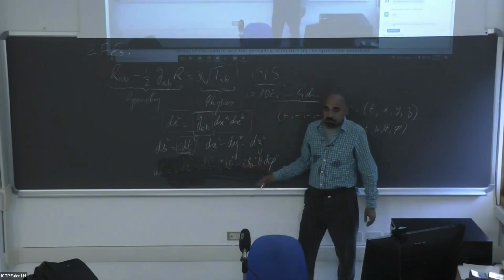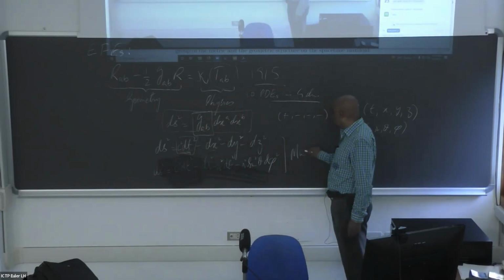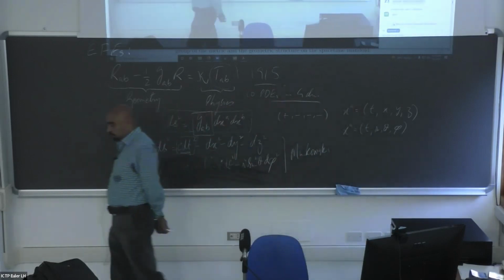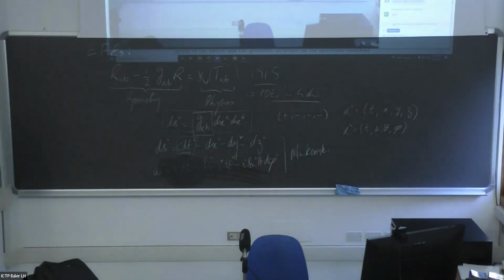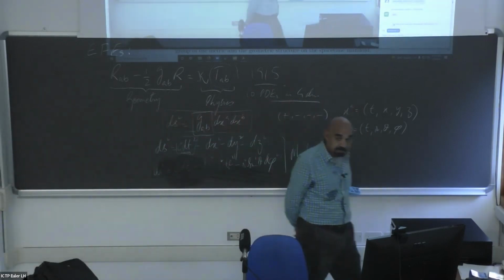So this is the flat space, the Minkowski manifold. This is the solution for a special case of general relativity that we call special relativity, the flat space solution.